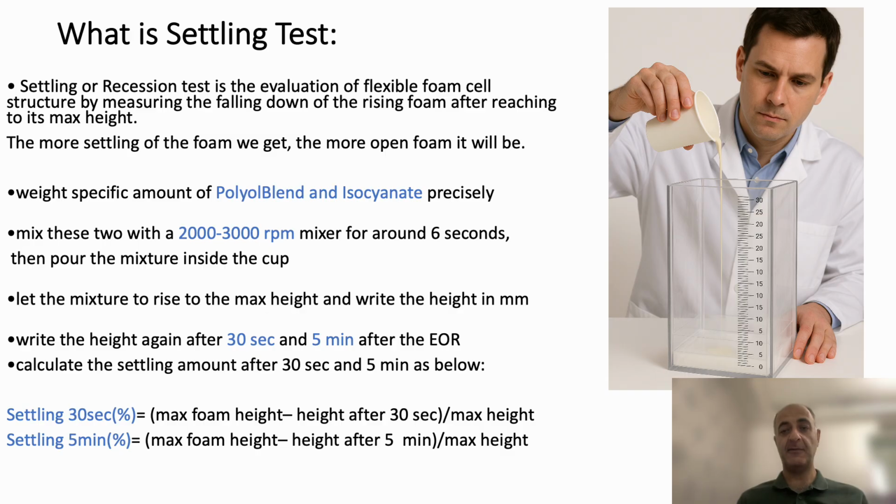After that, the R&D person mixes these two materials with a 2000 to 3000 rpm mixer for around 6 seconds, and after that he puts the mixture inside the cup.